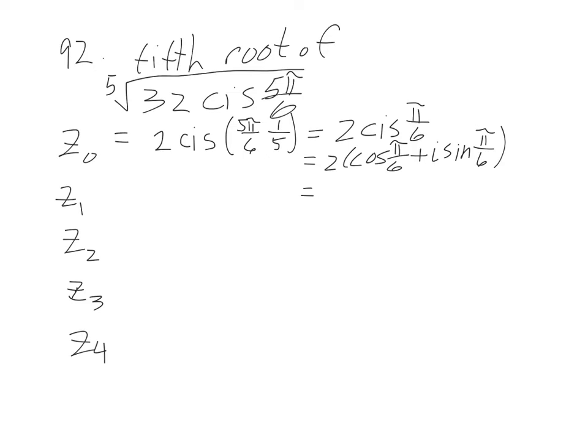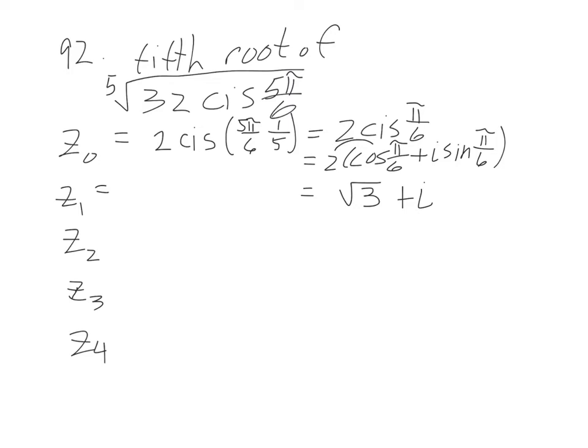Cosine pi over 6 is root 3 over 2, so if I multiply 2 times root 3 over 2, the 2's cancel, and we're left with root 3. Sine pi over 6 is equal to a half. If I distribute it in, a half times 2 is 1. So I have 1i, or just i.